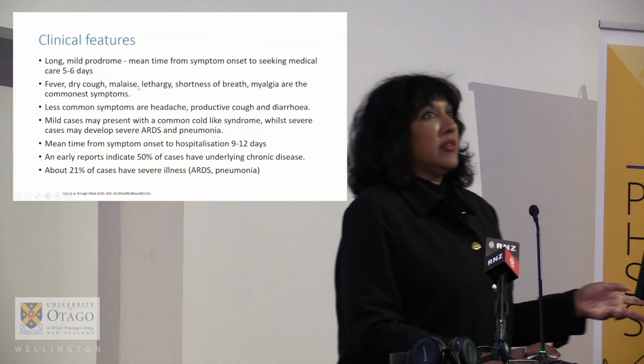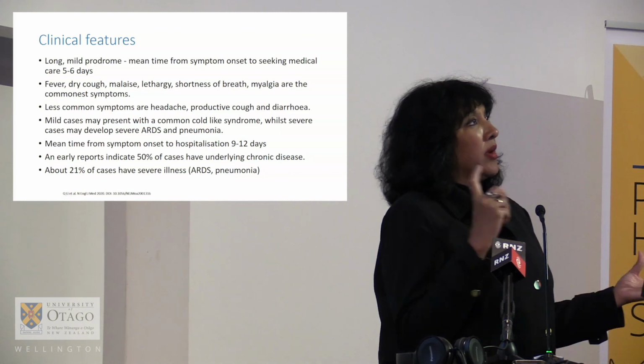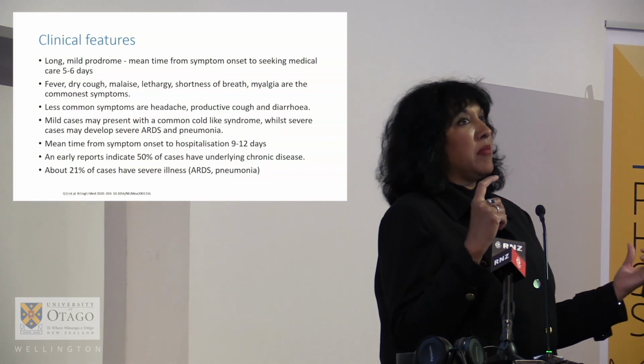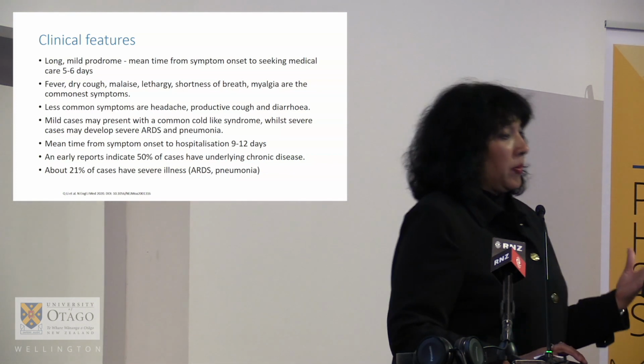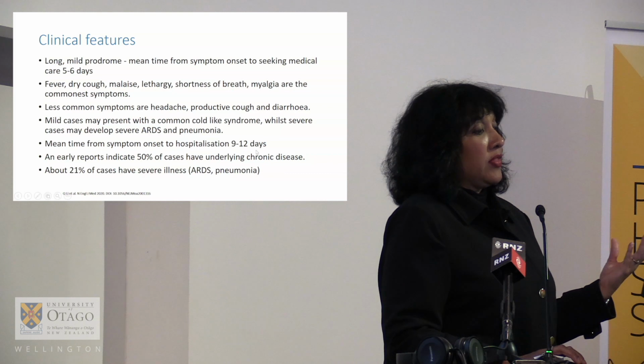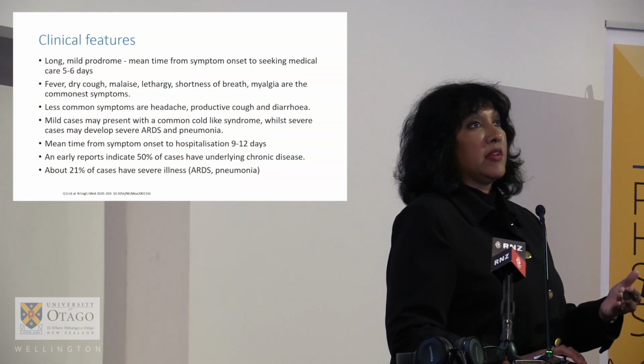One interesting feature that's come out in several publications is there seems to be a very long and mild prodrome where people just have a mild illness and they don't seek medical help. One study showed the mean time from symptom onset to seeking medical care was 5 to 6 days.